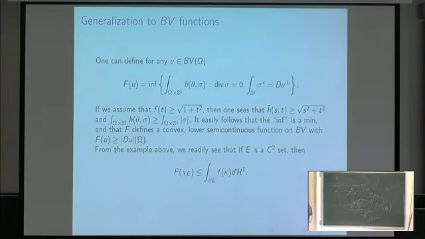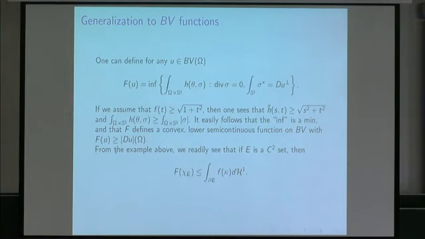So that essentially this thing is coercive, because if this is true, then in fact H bar, or H of theta, if you want, is larger than the length of sigma. It means that this expression is larger than the total mass of sigma. And if you have this, then it's easy to see that this is a minimum and you can do everything you want. Otherwise it's very hard to study this problem. In that case, this defines a convex lower semi-continuous function on bounded variation functions.